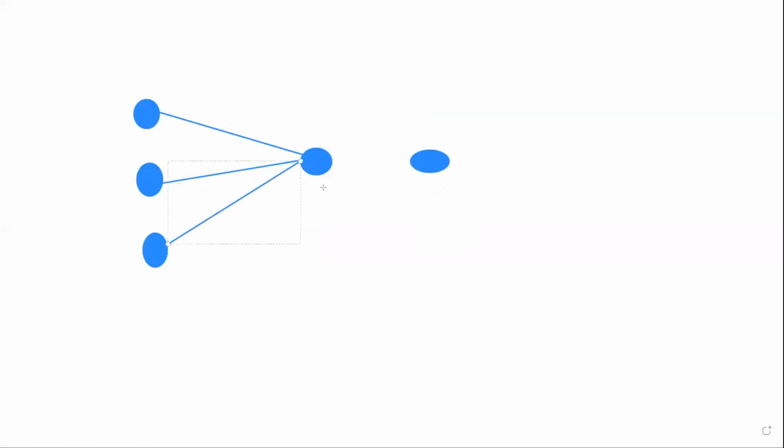Then this hidden layer goes on to the next hidden layer. After that next hidden layer, we have a summation, which goes on to the activation function, and the activation function will give this to the output layer.